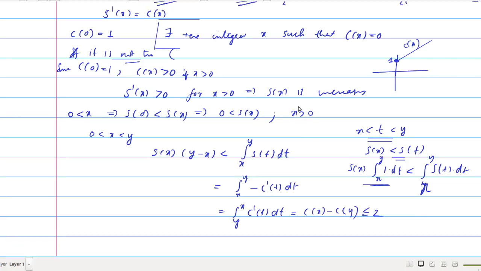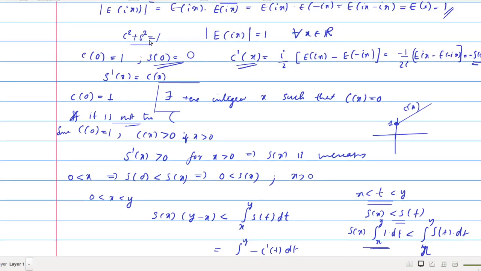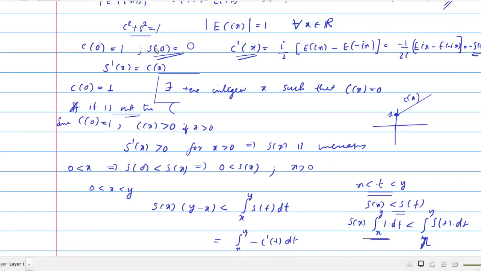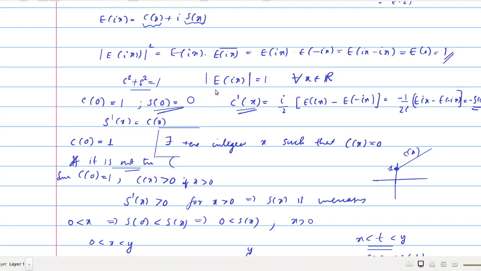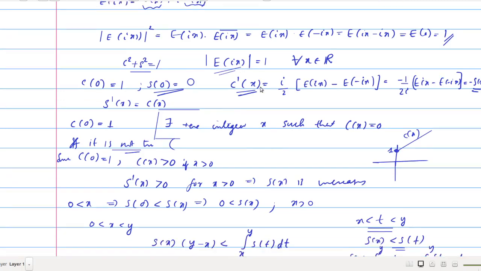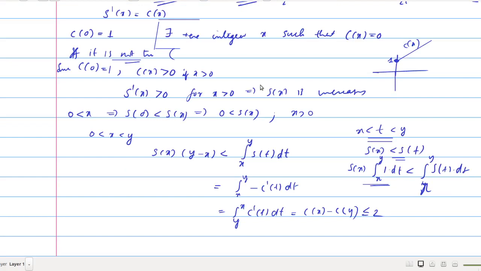Because of the fact c square plus s square is equal to 1, the modulus of c of x is always less than or equal to 1, and the modulus of s of x is also less than or equal to 1.